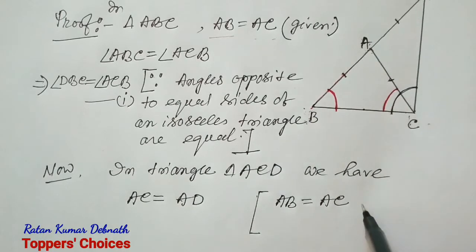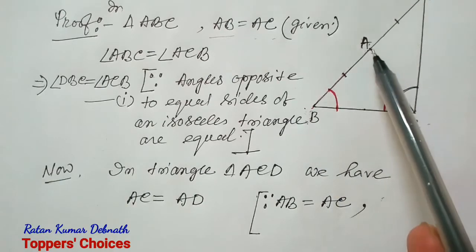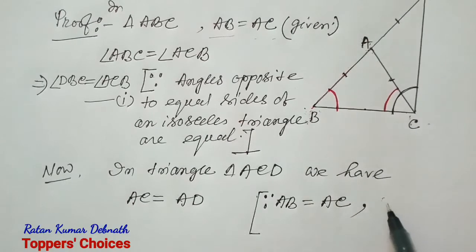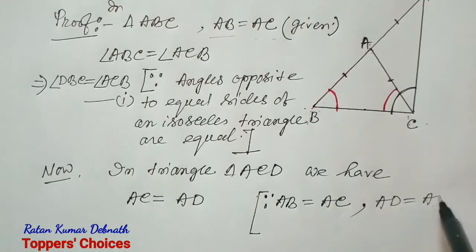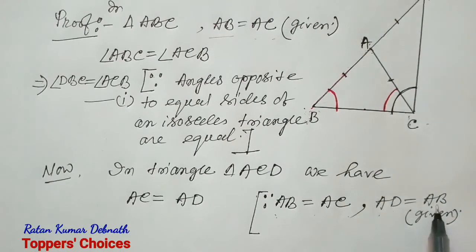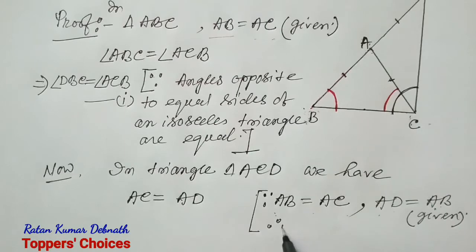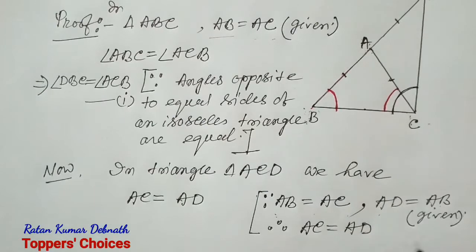It is also given that BA is produced in such a way that AB equals AD. So AD equals AB, which is also given. So from these two relations, that is AB equals AC and AD equals AB, we can say AC equals AD.